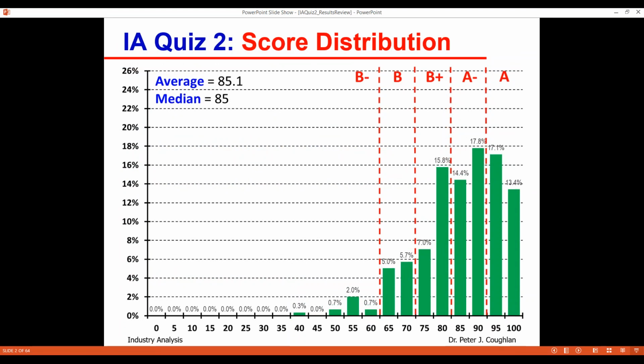That's slightly, maybe 1 point, below the average in Quiz 1, but roughly the same. Therefore the breakdown of what constitutes an A minus, B plus, B minus is the same as before. This was decided by the IA faculty, but again, it's exactly the same as for Quiz 1 because there wasn't a big variation in the distribution of scores between Quiz 1 and Quiz 2.